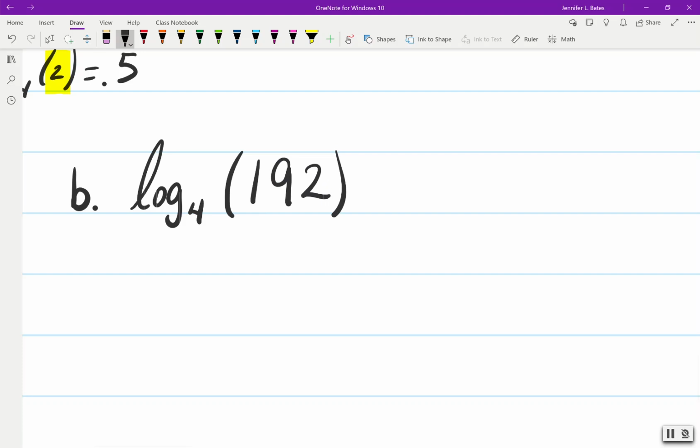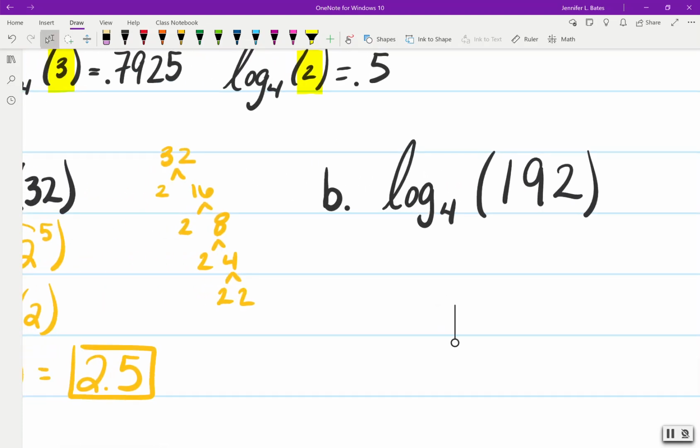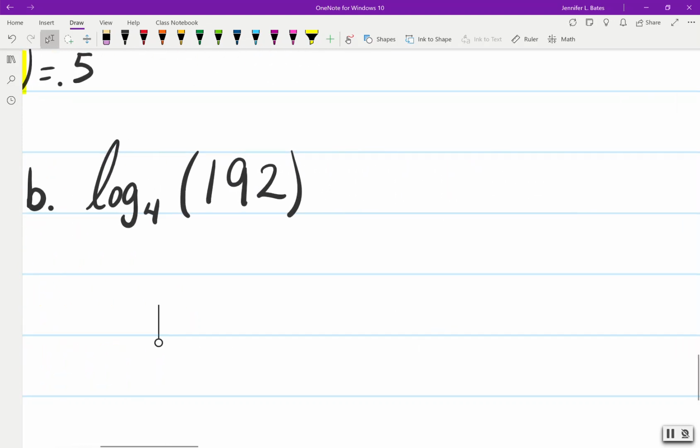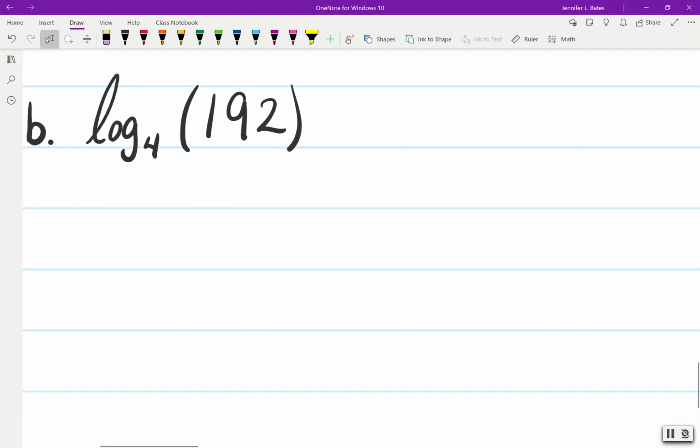So I'm thinking, okay, 192, I want to break that down into either 3s or 2s. Well, 192 is divisible by 3. So it's 3 times 64. Sixty-four is 2 times 32.